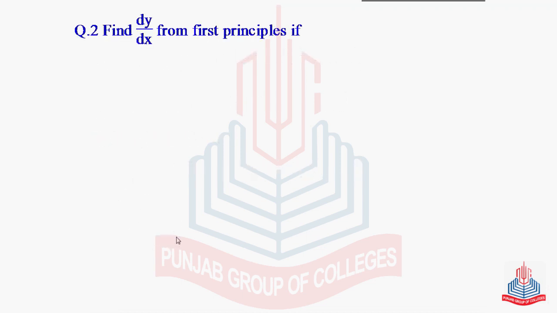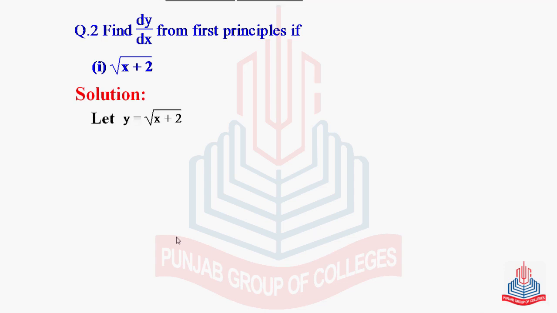Question number 2. Find dy by dx from first principles if the function is square root of x plus 2. Let me start our solution. We have y is equal to square root of x plus 2, and we can write it as y is equal to x plus 2 raised to the power 1 by 2.